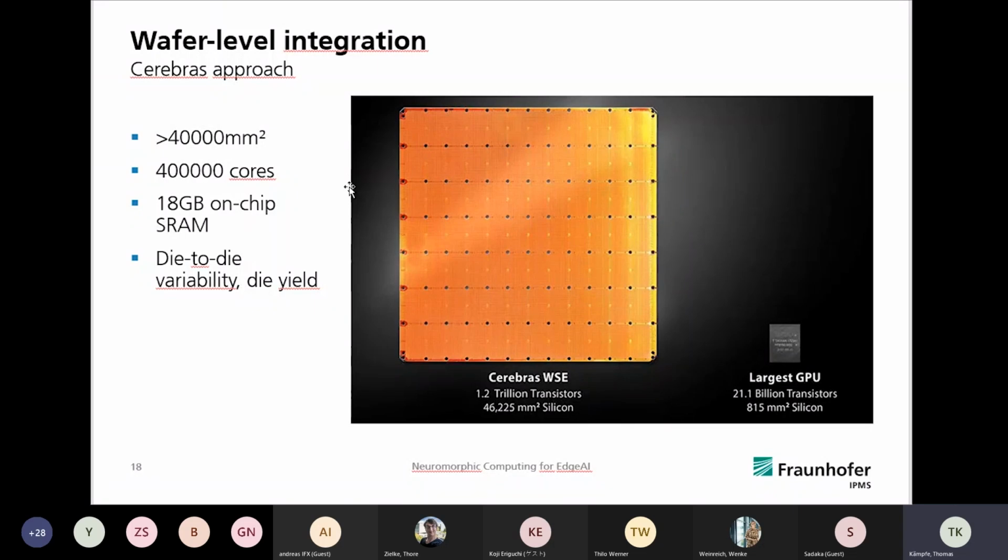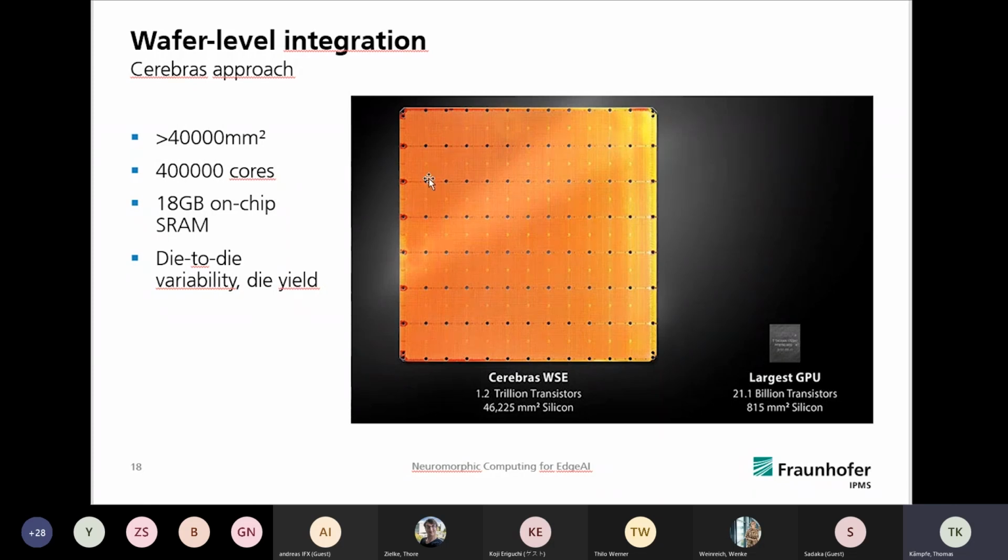However, there's a reason why chips are typically not that large so far, mainly because you have strong yield issues or variabilities from die to die, and it's possible to basically extract these devices from a wafer, which is not possible in such an extremely large Cerebras chip.